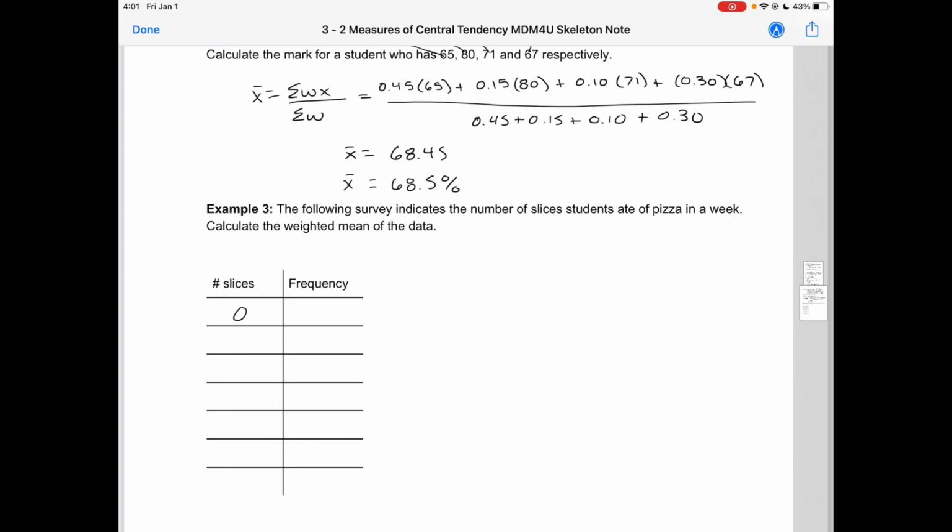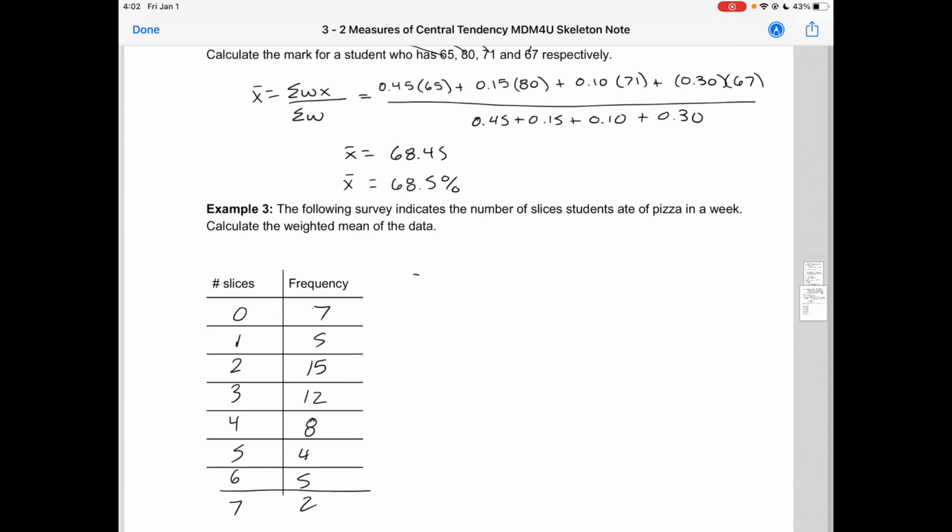This is just data I'm giving you; on a test, quiz, or assignment, you would have this table written in. And then the frequencies: 7, 5, 15, 12, 8, 4, 5, and 2.